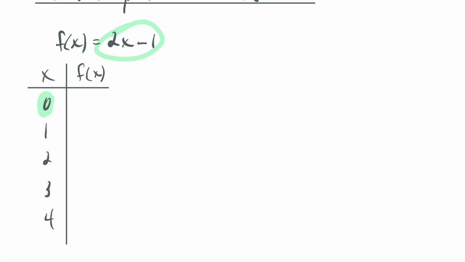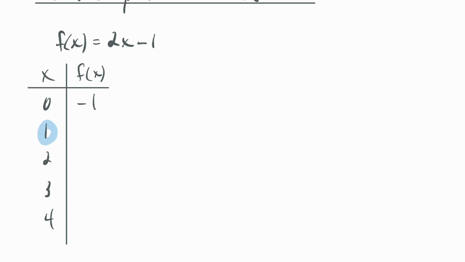If I plug in 0 for x, I'll get 2 times 0 minus 1. So that's going to be negative 1, right? So negative 1 is the function value, or in other words, the output value or the y coordinate, okay? Let me change to a bolder color here so it's easier for people to see.